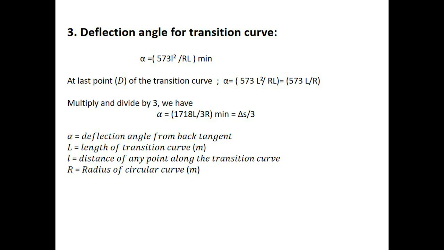So when we look at the last point of the transition curve, alpha equal to 573 L square by RL. So the expression becomes 573 L by R. And when we multiply and divide by 3, the expression becomes alpha equal to 1718 L by 3R, which is equal to spiral angle by 3.